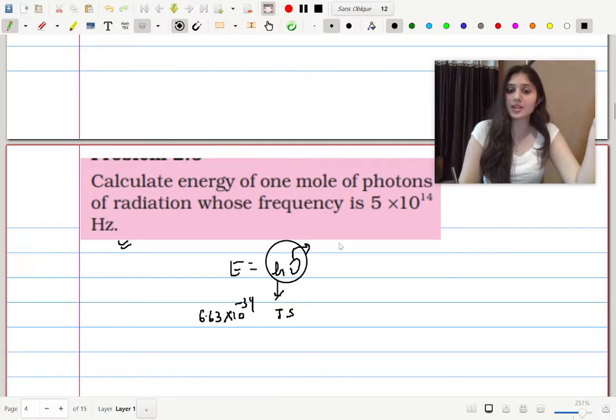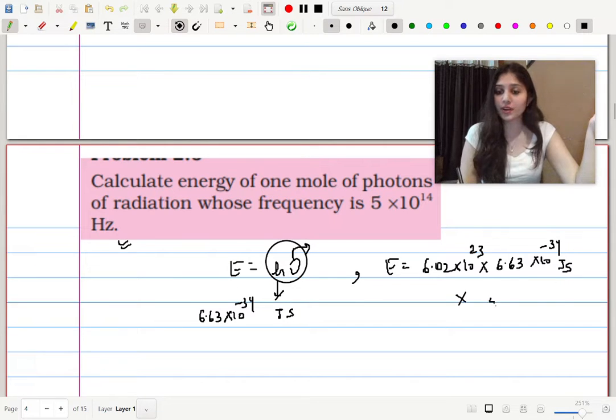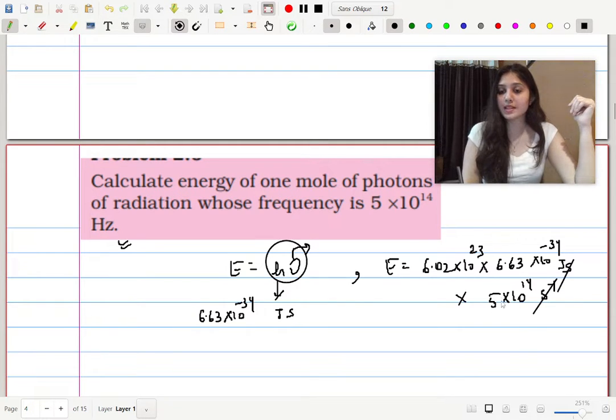Very simple, right? So energy for 1 mole is going to be what? 1 mole, which is 6.02 into 10 to the power 23, into h, which is 6.63 into 10 to the power minus 34 joule second, into 5 into 10 to the power 14 per second, because it's hertz, right? So per second and second are going to be cancelling.